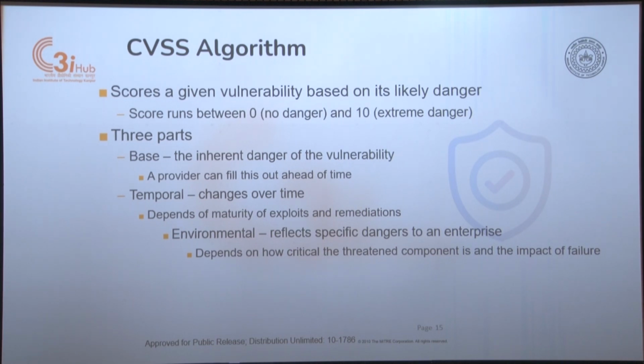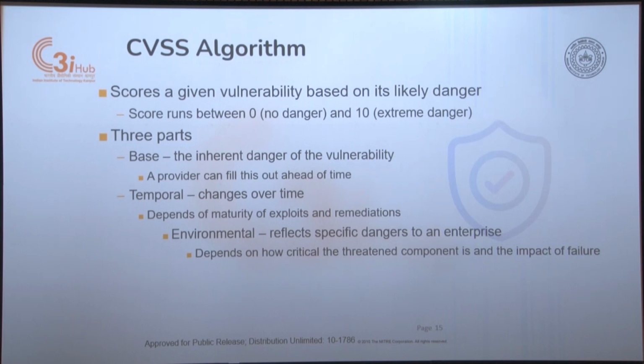The next standard is about how to measure the danger of a particular vulnerability. Given a vulnerability, I have to score it and say whether it is of low severity, medium severity, or high severity. That is what I want to do.